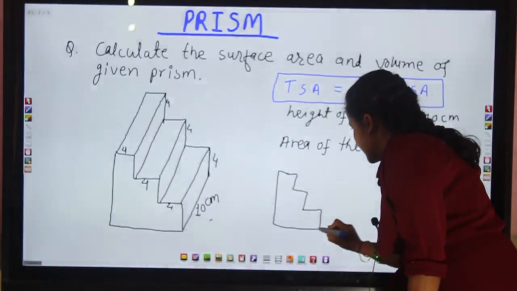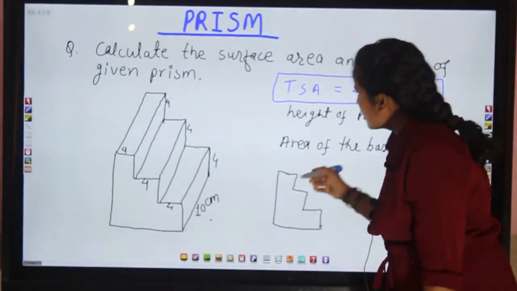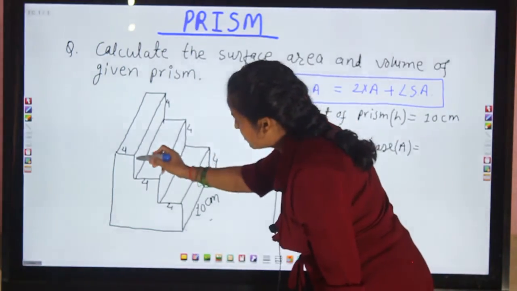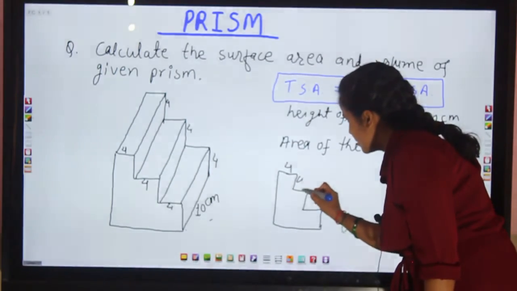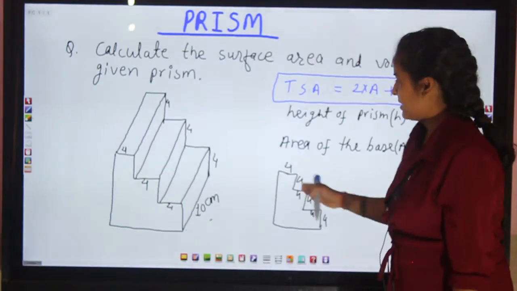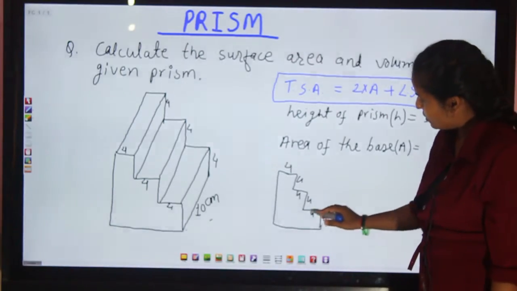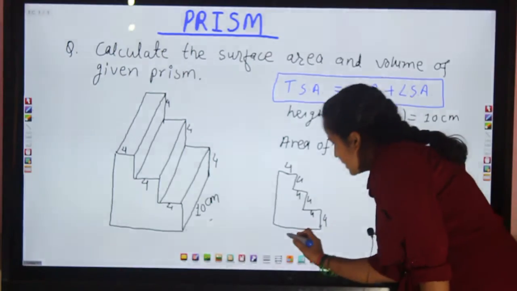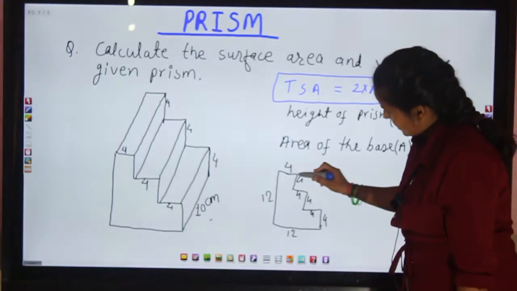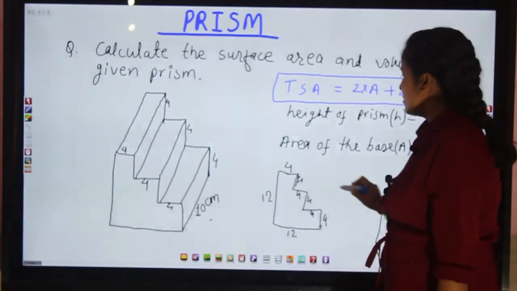Is this the base of the prism? Okay, this is the base of the prism. Then what are the dimensions here? Here is 4, so this length is given 4. The opposite part will also be 4. Similarly, all these parts are 4 centimeter. Then calculate the downside length: 4 plus 4 plus 4, then this will be 12 centimeter. This again will be 12 centimeter. So it is our base.